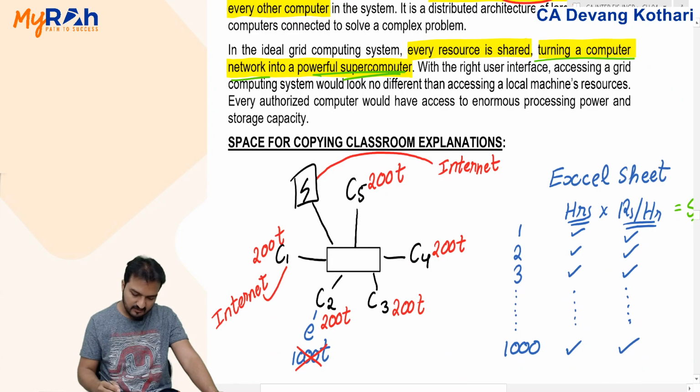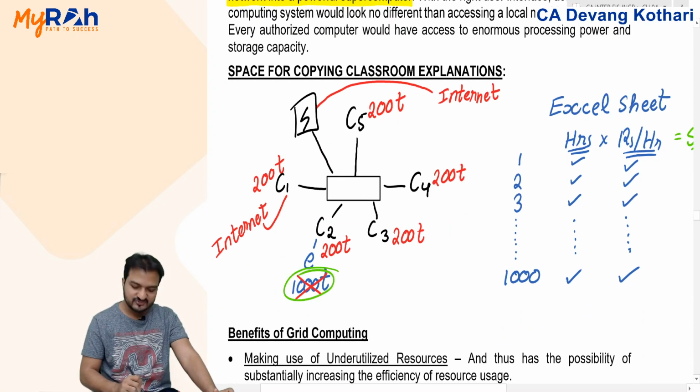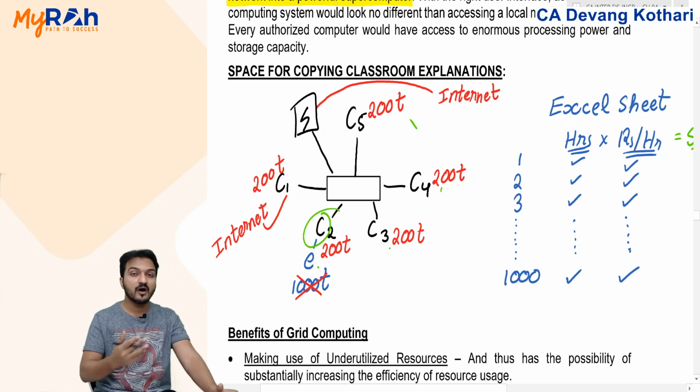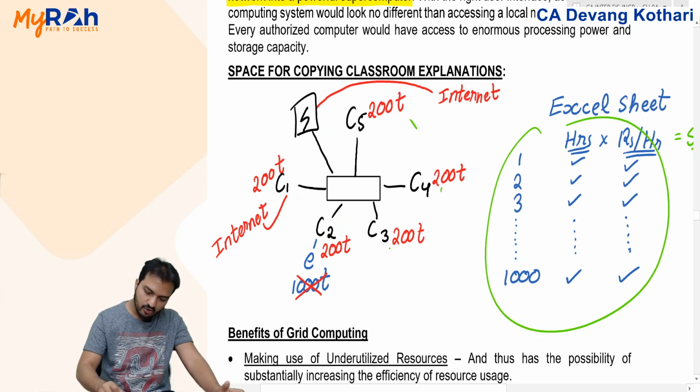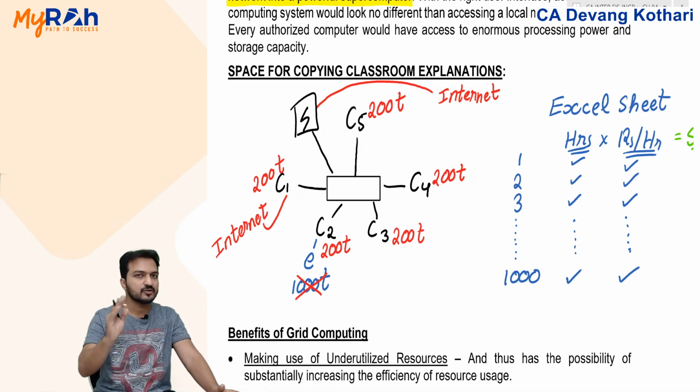Look, I'll give you an example. I had given you an example like this, that if I have 1000 transactions to process on C2, then C2 will share these transactions with 4 other computers, by using the idle processing capacity of each of them.